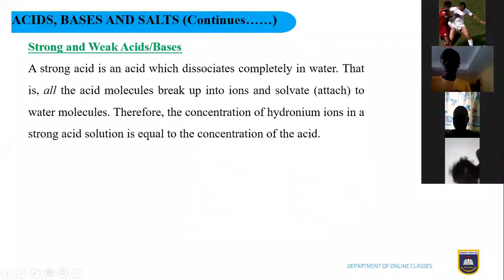A strong acid is an acid which dissociates completely in water. That is, all the acid molecules break up.